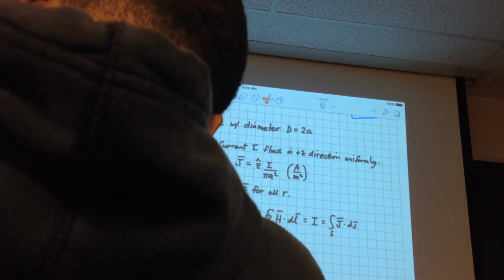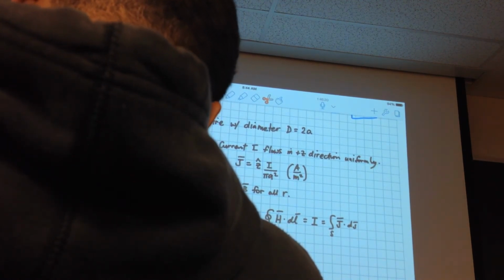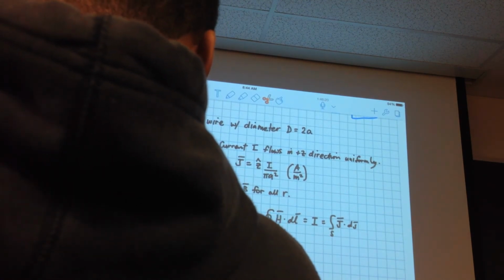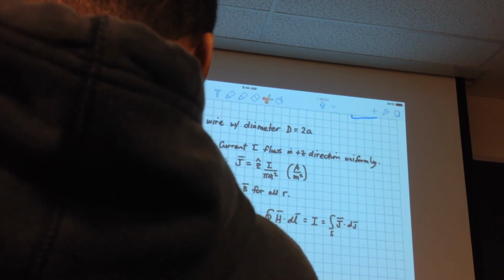So you take the total current I and you divide by the total area, which is pi A squared. So it's I over pi A squared. The current density is not a function of position inside of your wire, and that's because the current is flowing uniformly.